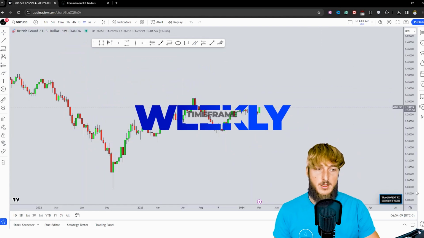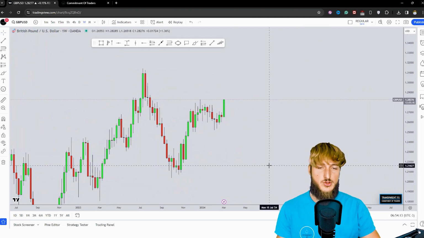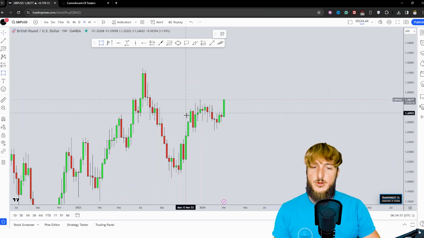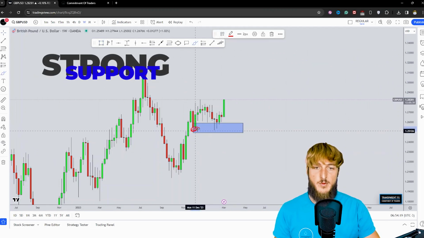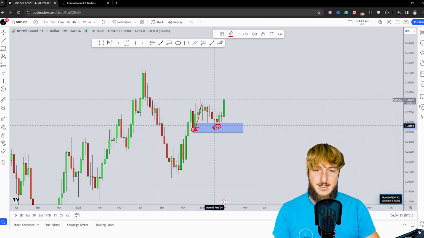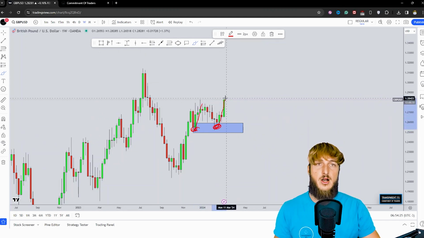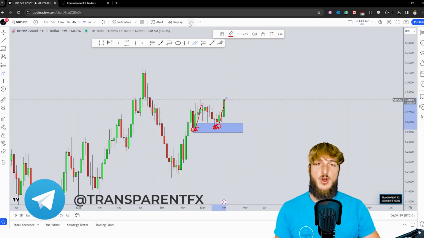Dropping down on the weekly time frame, what do we see? Well, from a weekly standpoint, the situation is quite clear. We can notice how very strong demand and support has just been tested. From here, all this previous rejection to the upside was created. The market just tested the level again here and started rejecting it to the upside quite aggressively, breaking above all resistance.